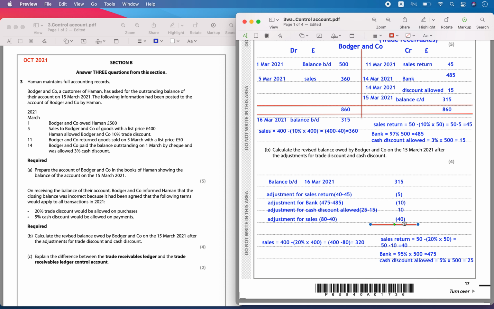Now let's calculate the total. So 315 minus 5, then minus 10 plus 10 will get cancelled, minus 40, so that is equal to 270. So the adjustment value will be equal to 270.